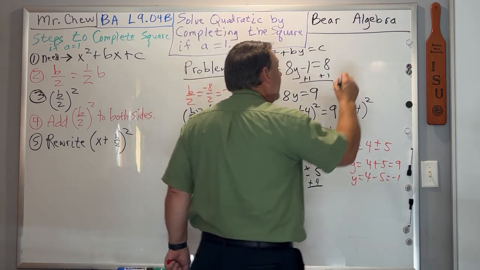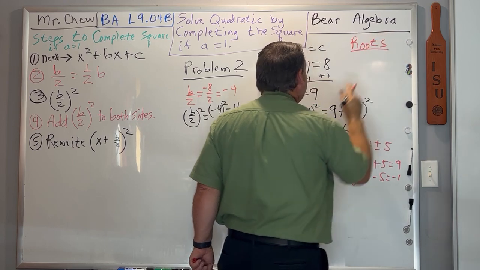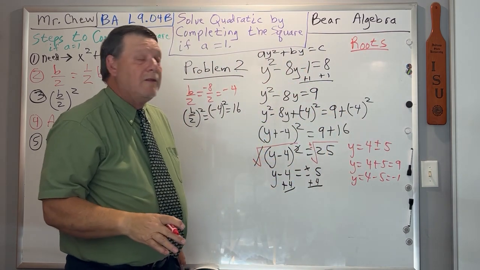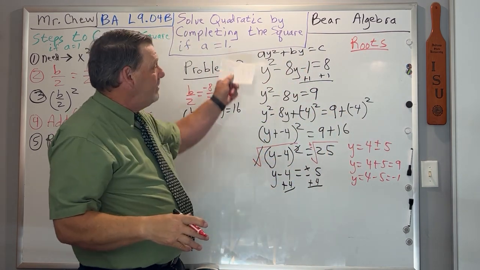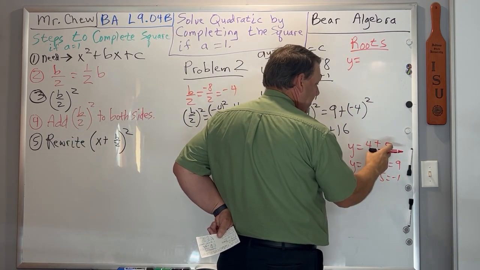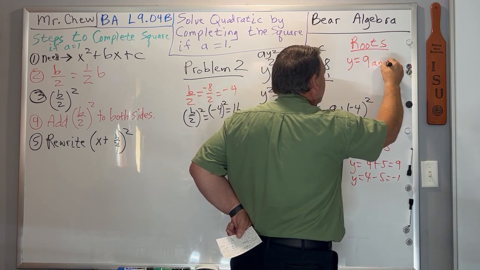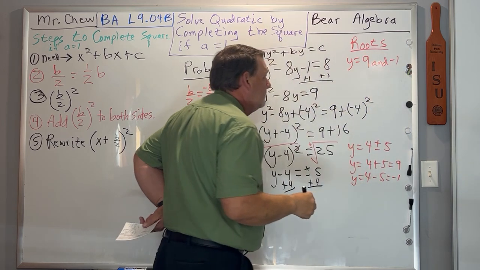So I'm saying the roots of this quadratic using the completing the square method are y equals 9 and negative 1.